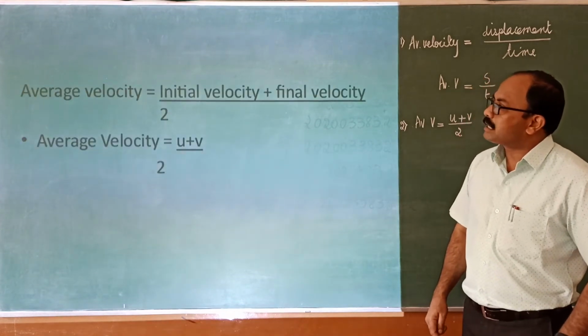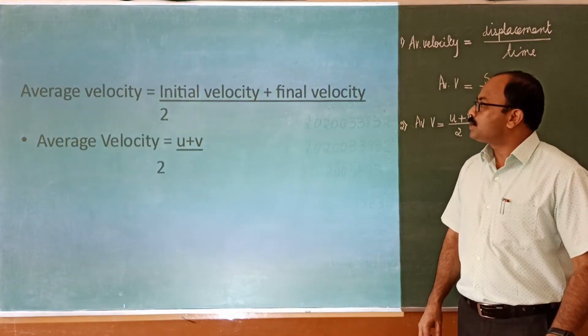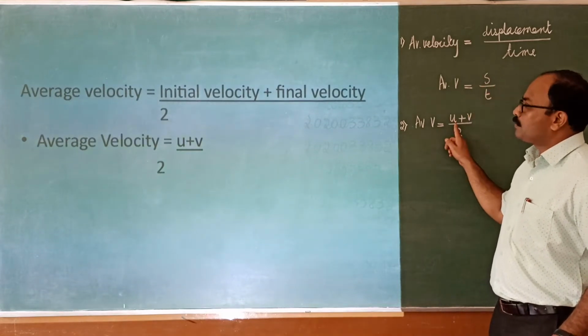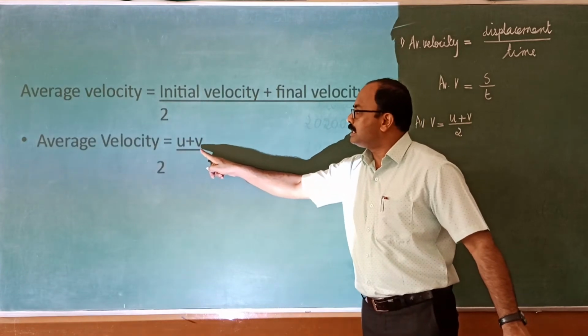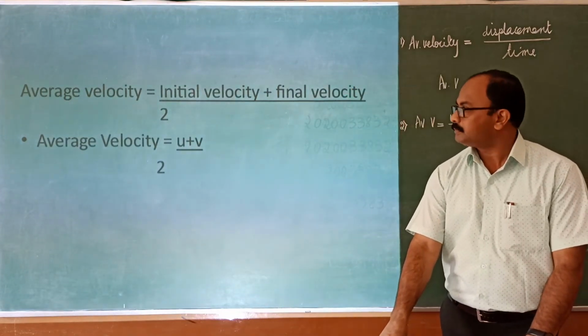This is the mathematical representation: average velocity is equal to u plus v divided by 2. You have to write it here, children.